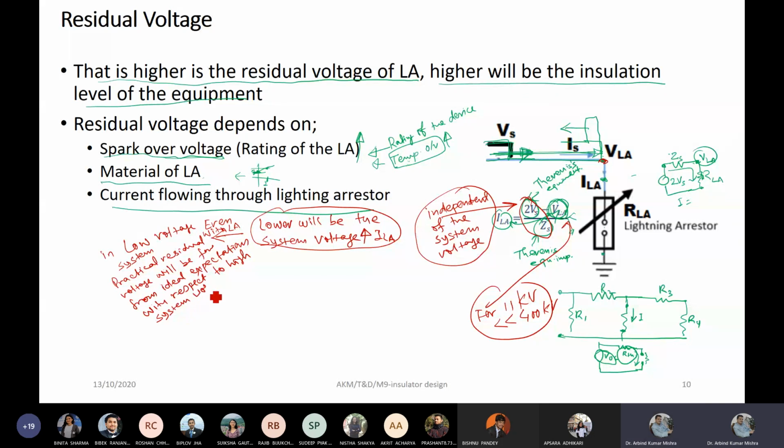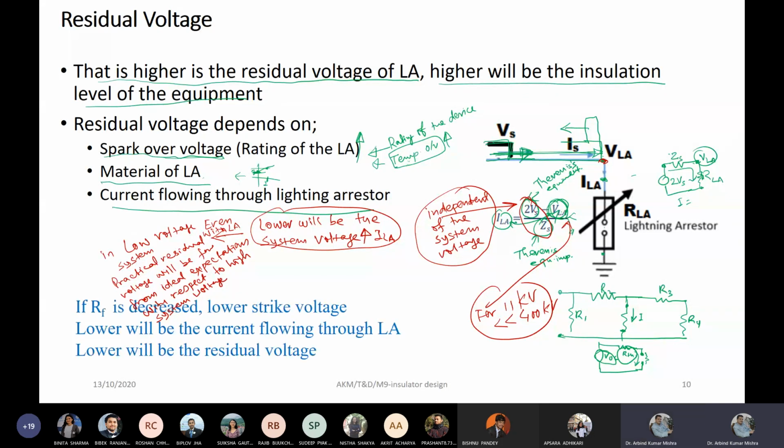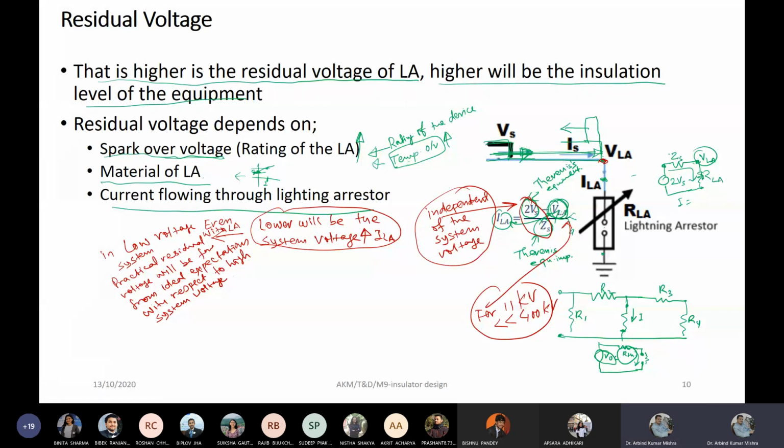This is because in low system voltage, as you can see from this expression, the difference will be higher because this is fixed, independent of the voltage, and this we desire lower for lower voltage. So the lightning arrester current, in one word the current through the lightning arrestor, is expected to be higher for low system voltage.